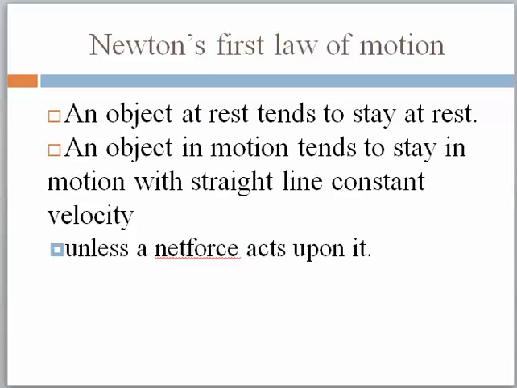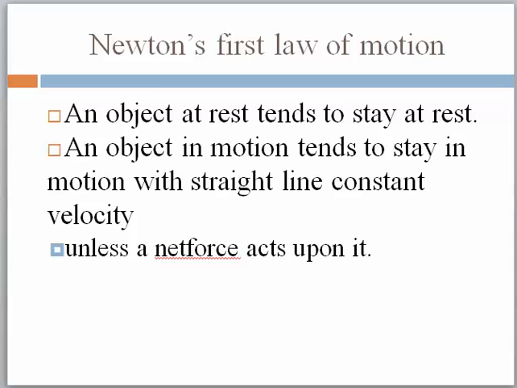Alright, this takes us then to Newton's first law of motion. Newton's first law of motion says an object at rest tends to stay at rest. An object in motion tends to stay in motion with straight line constant velocity. We'll get to this bottom part in a second.